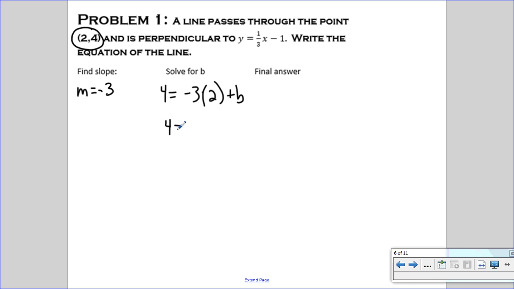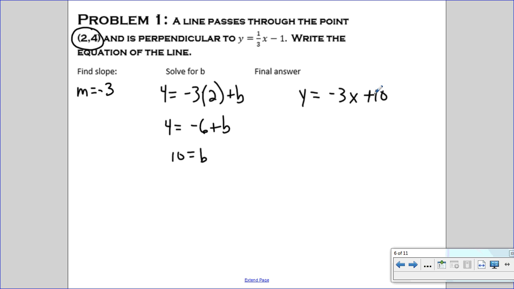So we got 4 equals -6 plus b. Add 6 to both sides and you get b equals 10. So now that we know our y-intercept, our final answer would be y equals -3x plus 10.